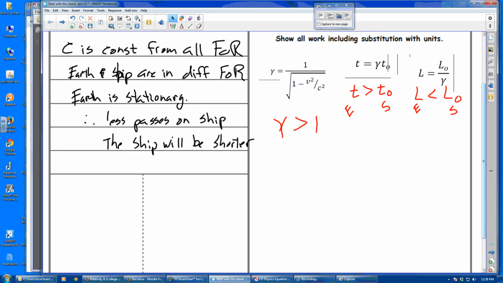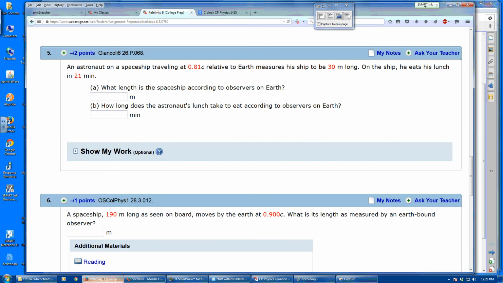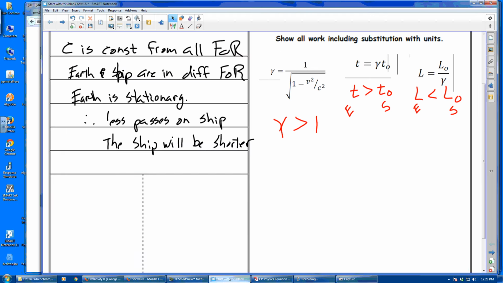Let's see, which one do we want to do first? So we were given the ship's time and the ship's length. Let's just look at our answers to make sure. Why don't we do length first? So I'm told that from the ship's frame of reference, it's 30 meters long, and it's moving at 0.81 c.